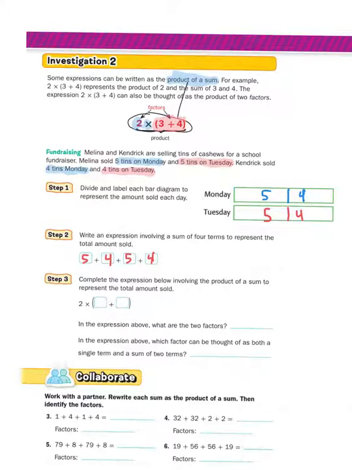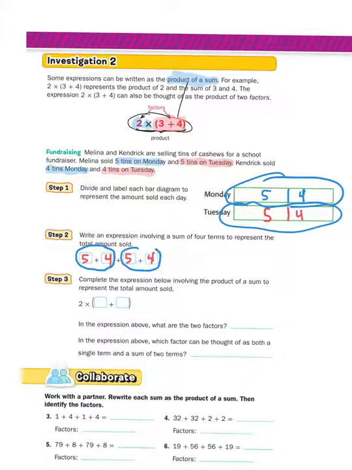There are 2 groups of 5 and 4. See how there's one group and there's 2 groups. And if we look in step 2, you see our 2 groups of 5 plus 4. So, to write that as a product of a sum, we say, we're right here now on step 3, there are 2 times 5 plus 4, because there are 2 groups of 5 plus 4.